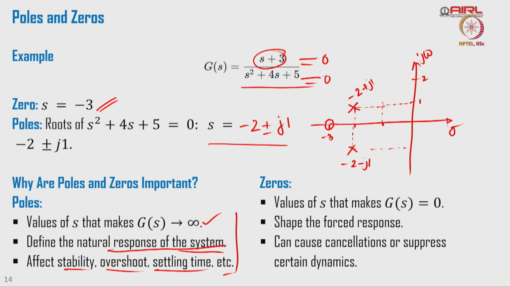In the next lecture on transient analysis, things will be clear. Then zeros are the values of s that make G(s) equal to 0. They shape the forced response and can cause cancellations or suppressions of certain dynamics. So, if we want to make a controller with desired performance, zeros play a very important role.